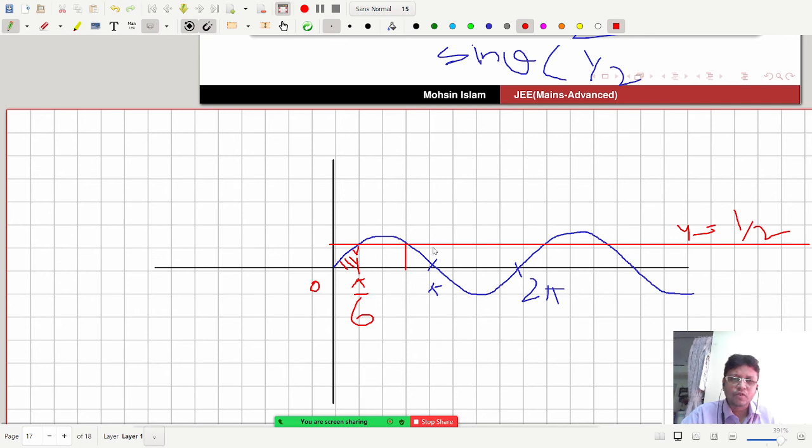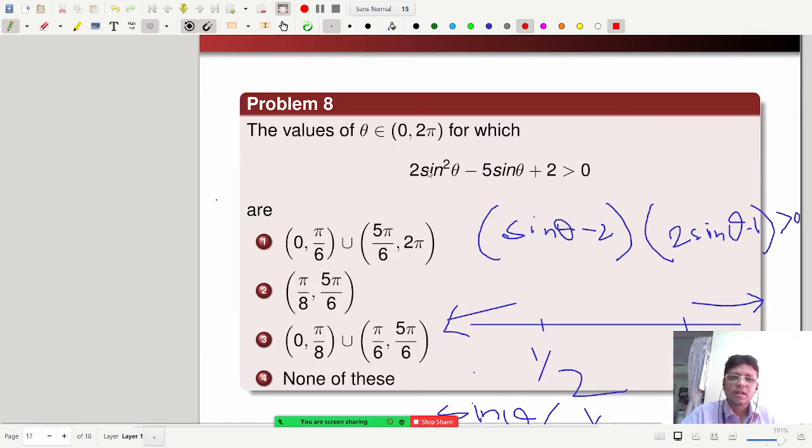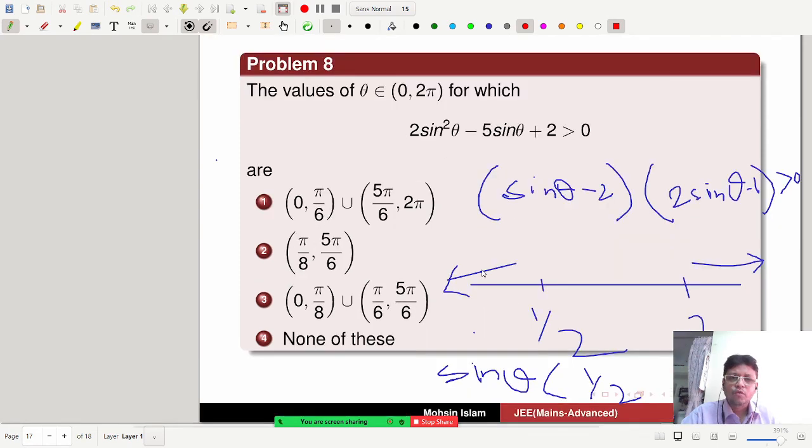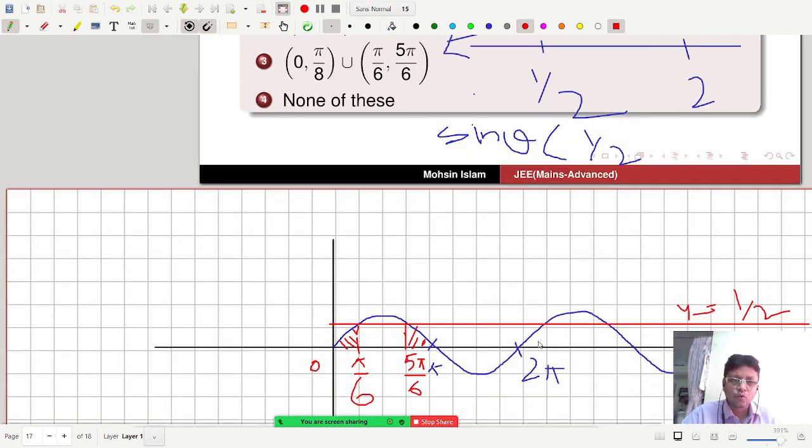If in this interval sine theta will be more than half, and in this case also. So your interval is 0 to 2 pi, so you have 5 pi by 6 to 2 pi.